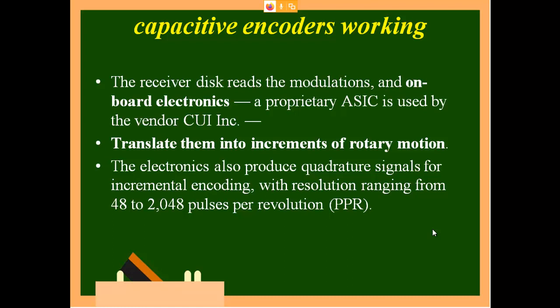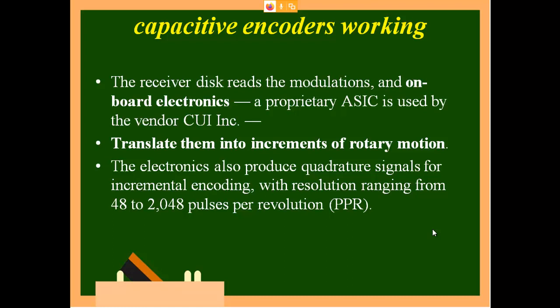ASCII code, you know, starts from 30, 31, 32, and is used by the vendor CPU. Why they go for ASCII is that you can give this input directly to your microprocessor or microcontroller, so that is why they give it in ASCII code. They translate them into increments of the rotary motion.